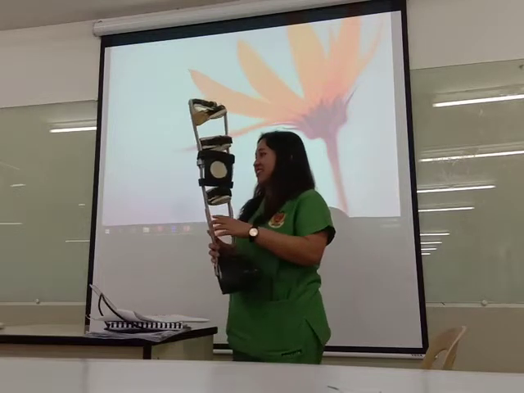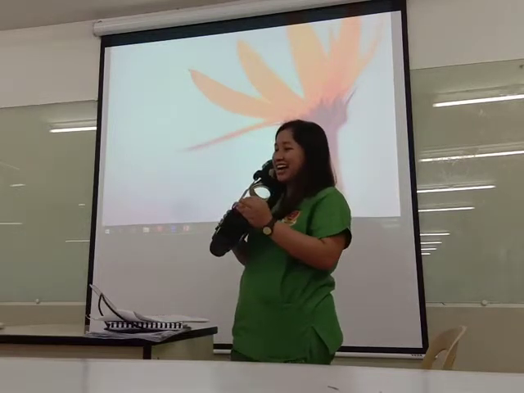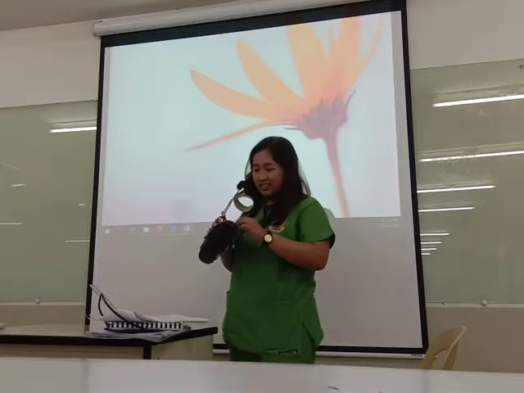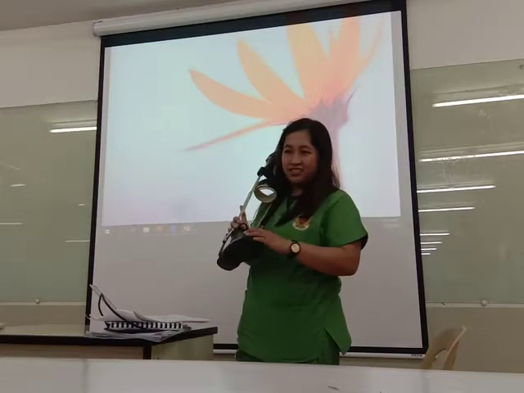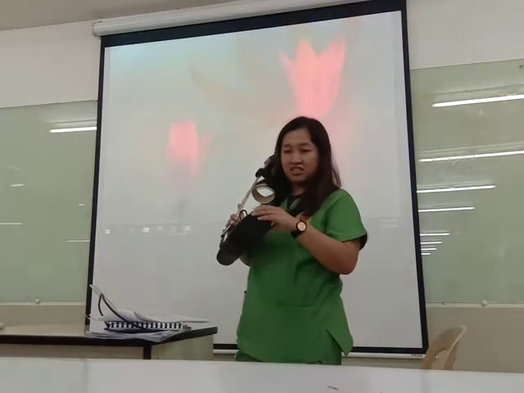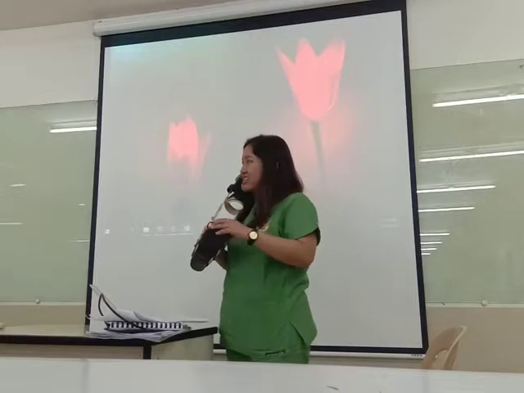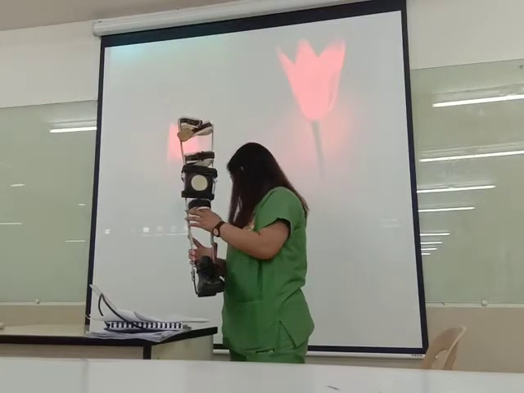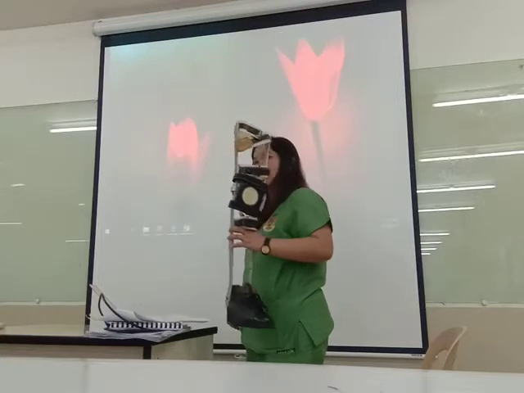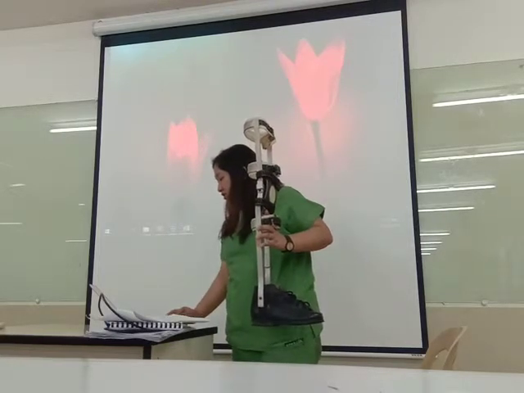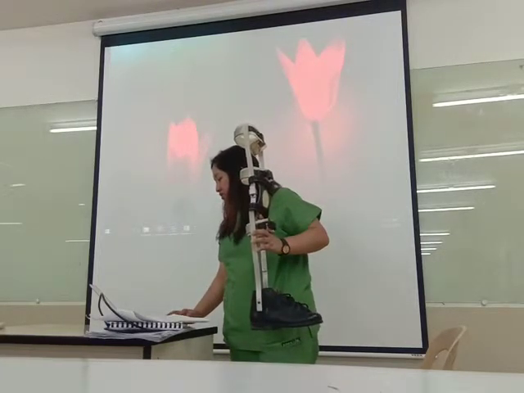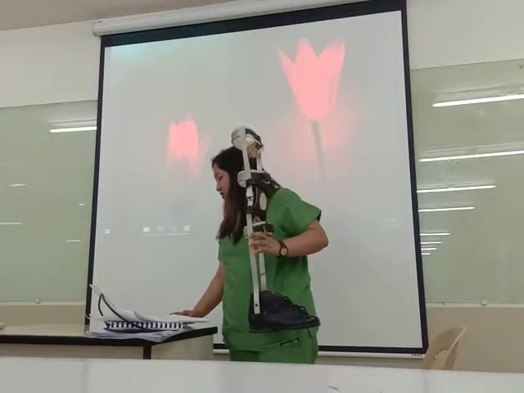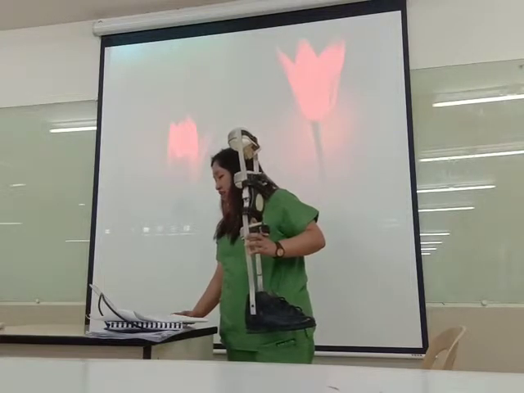Baka may mas magandang sapatos diyan. Sino bang may parang nakaganon? Yung mga tao, wala na atang sapatos. Yung kay Kuya Dan. Anyway, sige, tingnan natin. Kompleto na yung shoe na yan.